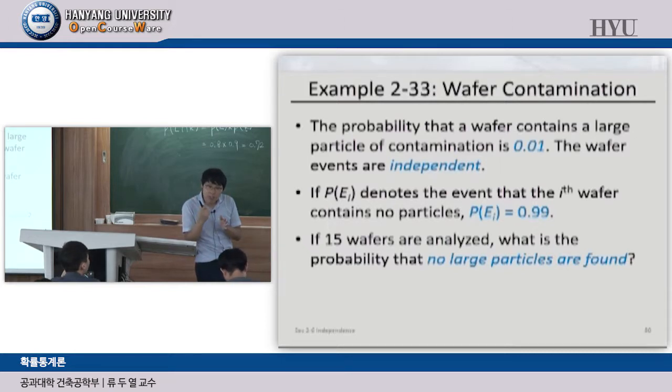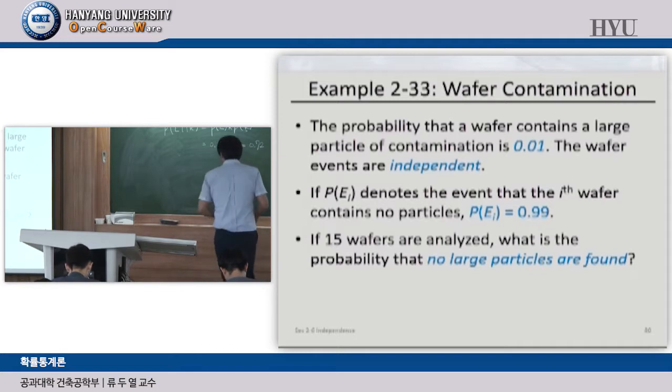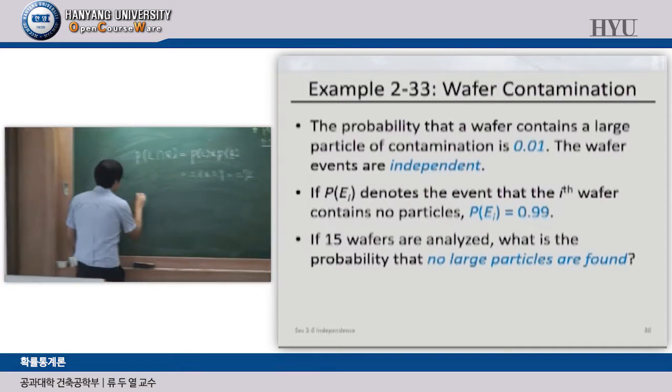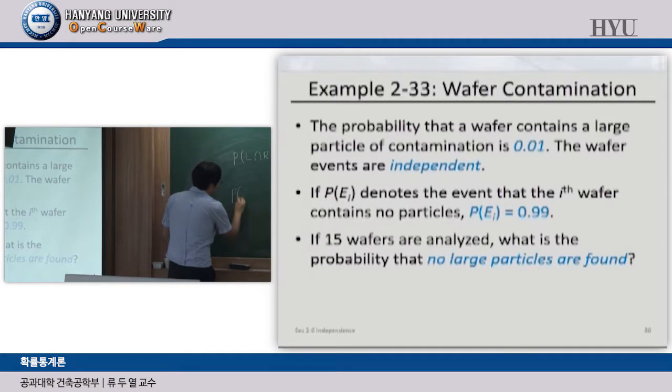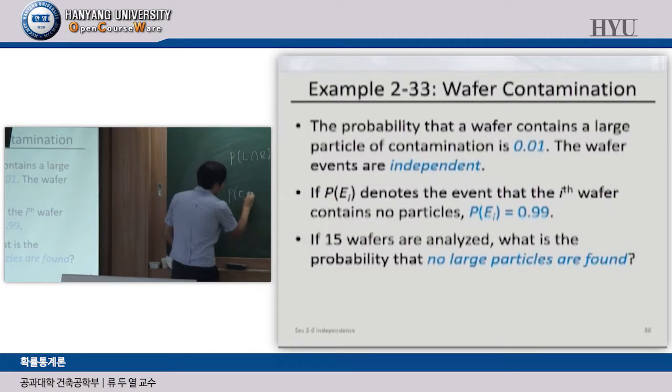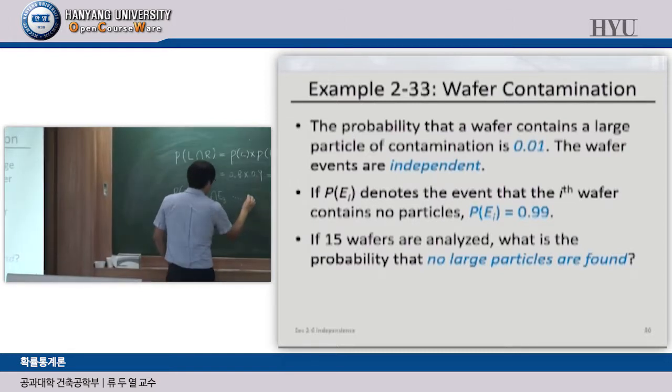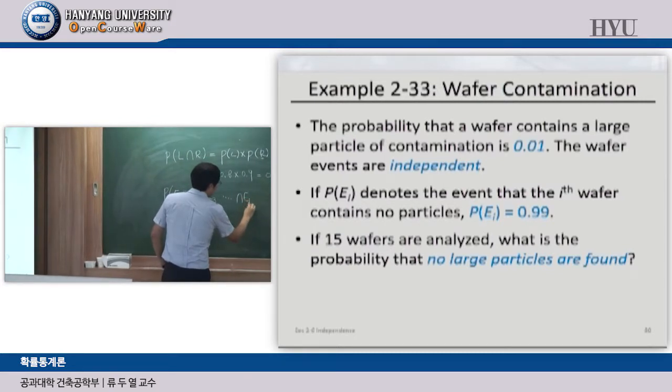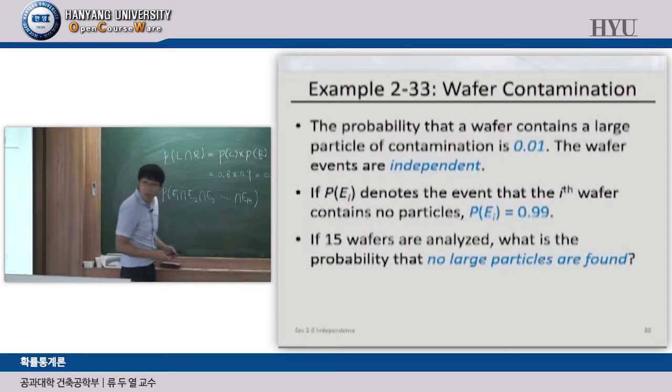And also, we have to select the 15th vapor without contamination. That is the definition of this question. So this can be expressed by the probability of E1, E2, E3, blah, blah, blah, and E15, right?